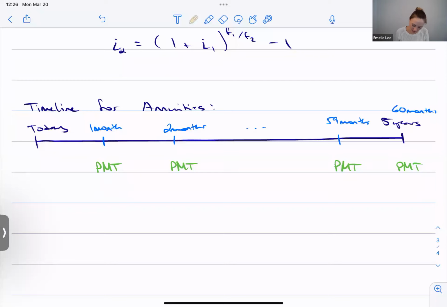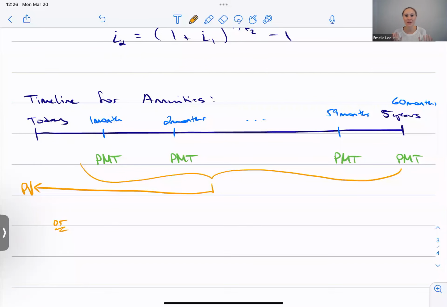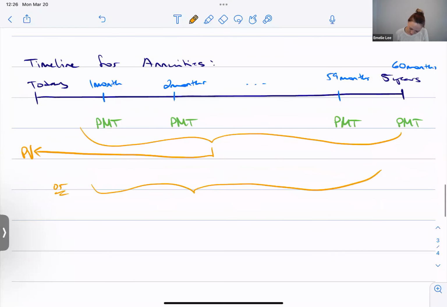But what we can find is we can kind of funnel all these together, and then we can say, okay, all of these payments have some present value today, right? Or if you're saving for a car, right, and you are putting money into the bank, right, then the other option is that these payments are going towards some future value in 5 years from today, right?